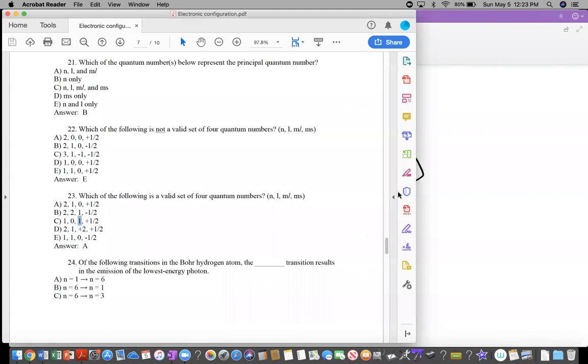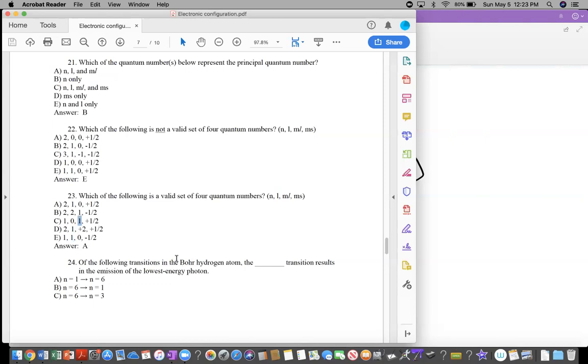Okay. Now the question is, let's look at this one here. If you have 2, 1, minus 1, and plus half, is this possible, guys? So 2, you're on the second floor.